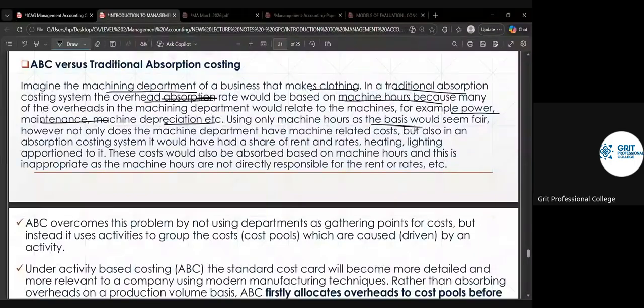But we are saying if we use the machine hours as the basis to allocate the costs that we have collected into our product, it may not be a fair basis, because there are other overheads or other costs that do not make use of the company's machines.